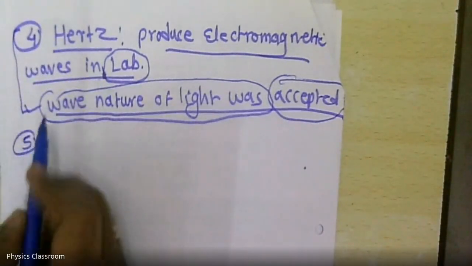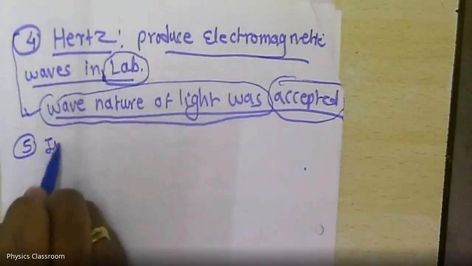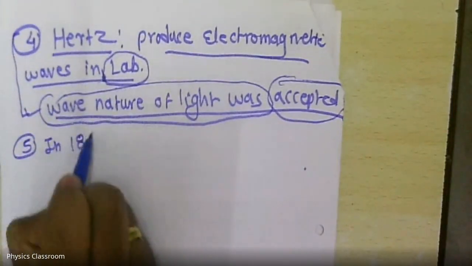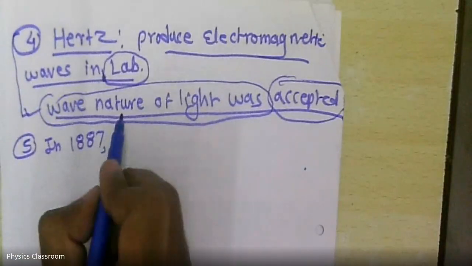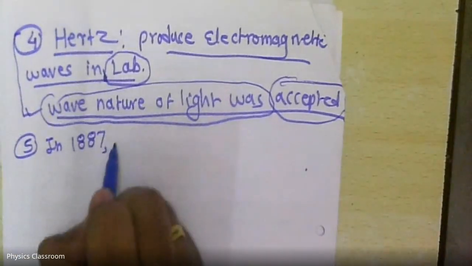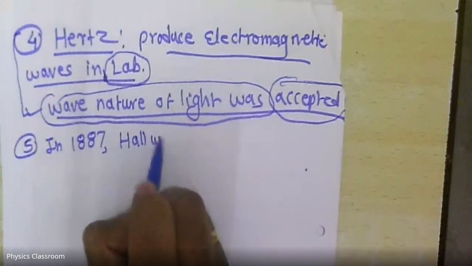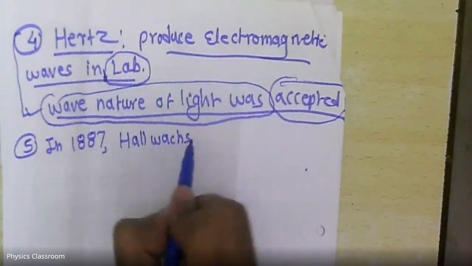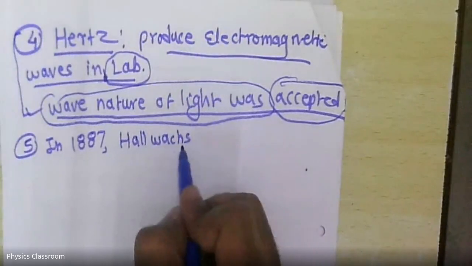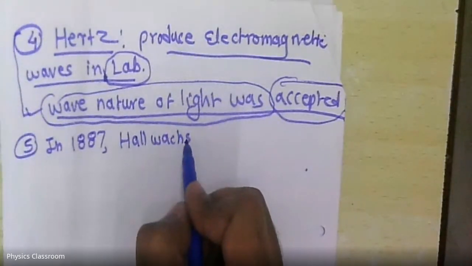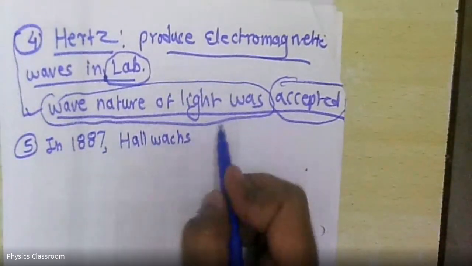Then the fifth point is, in 1887, the famous scientist Hallwachs discovered the phenomenon of the photoelectric effect.